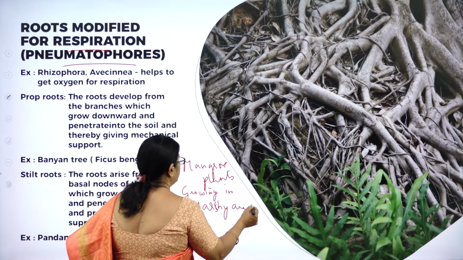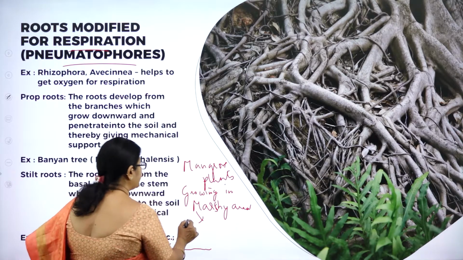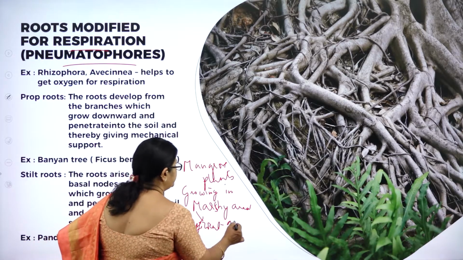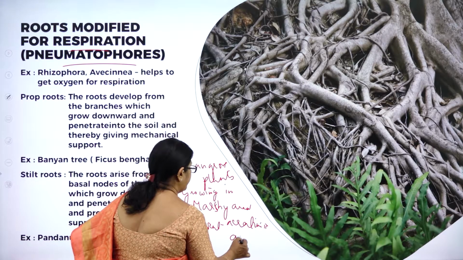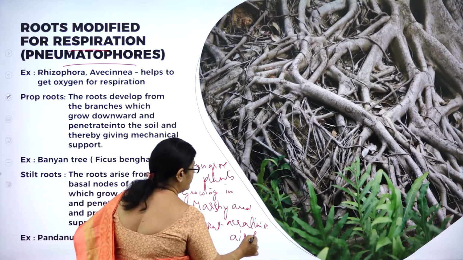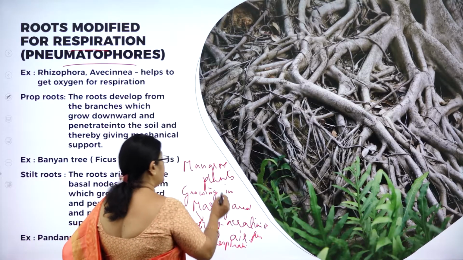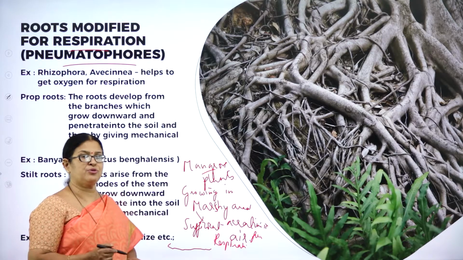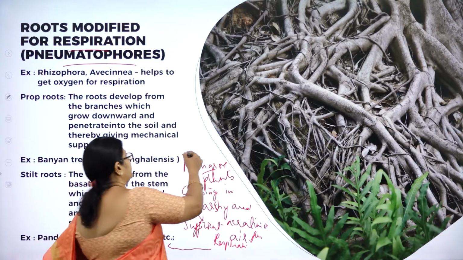So when the plants are growing in marshy areas, they don't get sufficient aeration, that is air for respiration. So in order to overcome that drawback, these mangrove plants like Avicennia and Rhizophora start producing roots like this.